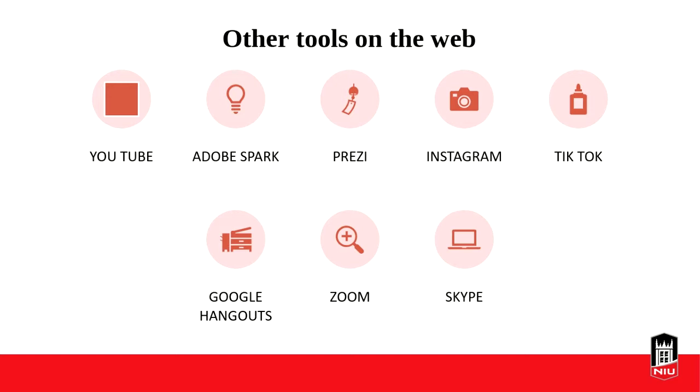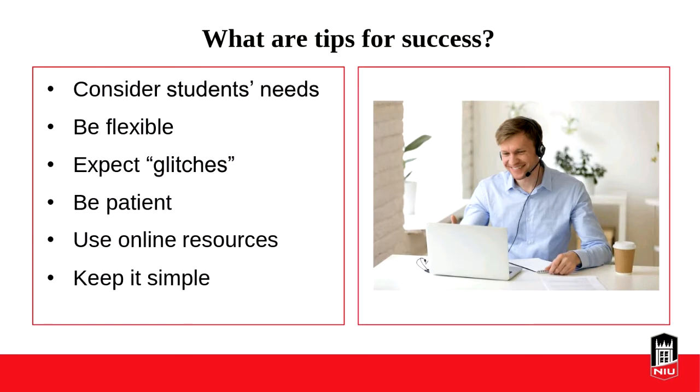It's just things to keep in mind, but also consider the students' needs, what types of equipment they might have, and be flexible. Most of them have some type of smartphone. Glitches can come up because there's very high demand on all these systems now, which is why we're recording things and making sure there's persistent data in the course for them.